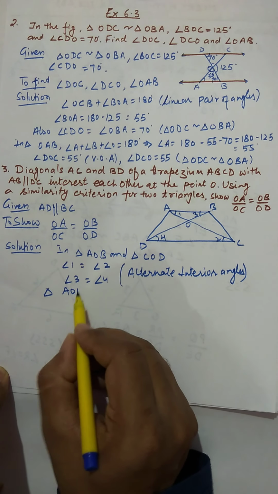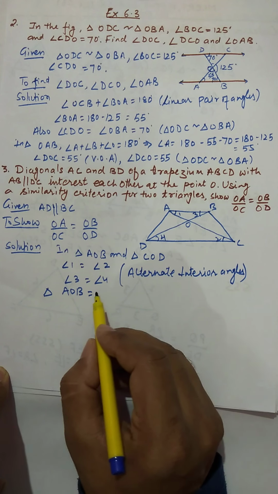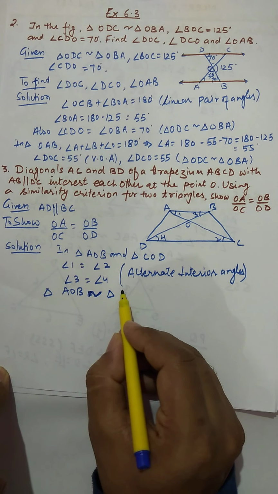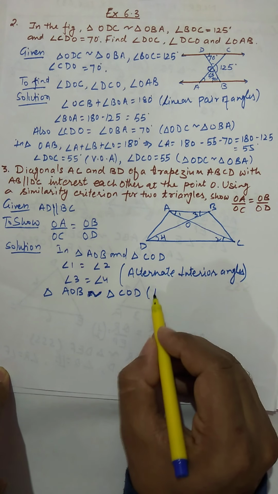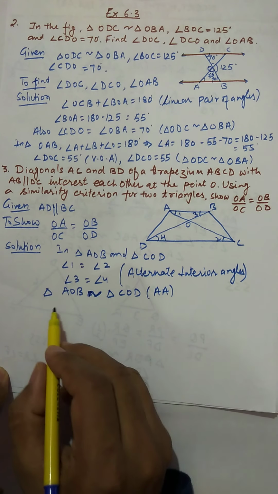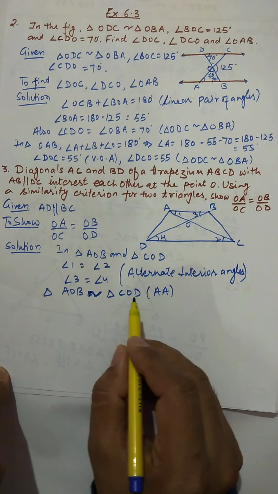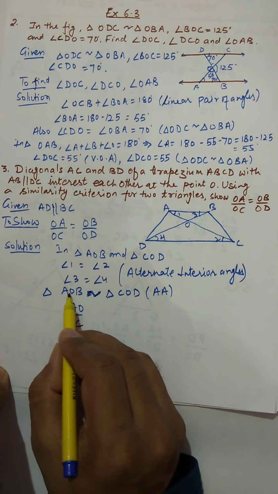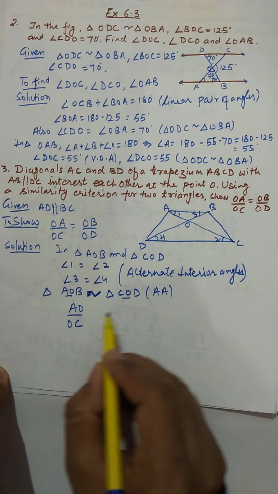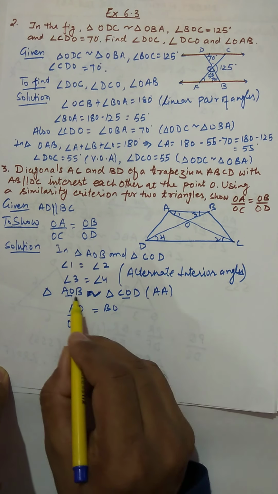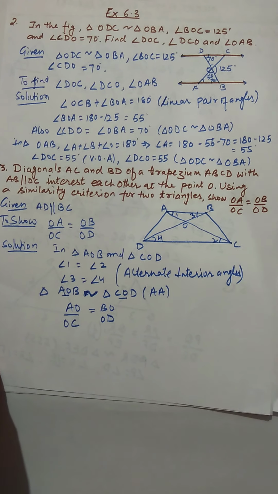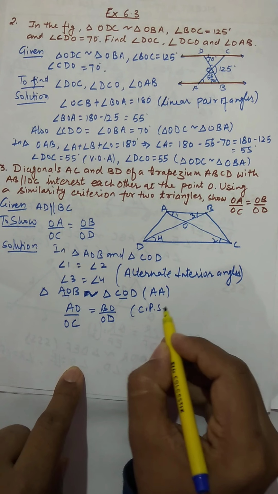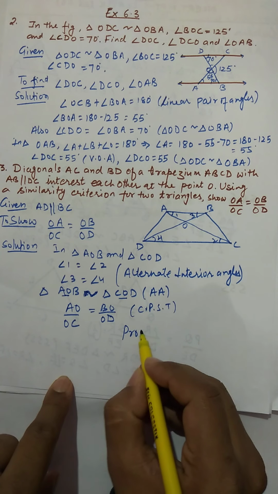So after seeing this, you can write that triangle AOB is similar to triangle COD by the reason AA. Now after proving them similar, you can write the result that AO upon OC, AO of this triangle and OC of this triangle, will be equal to BO of this triangle and OD of this triangle. So this is the result by CPST, and you have proved the result.